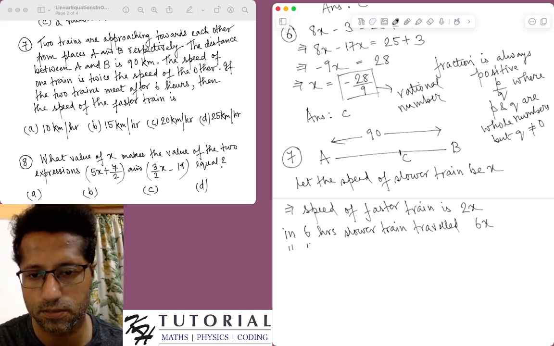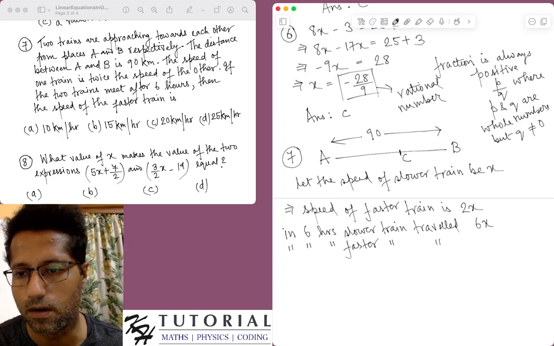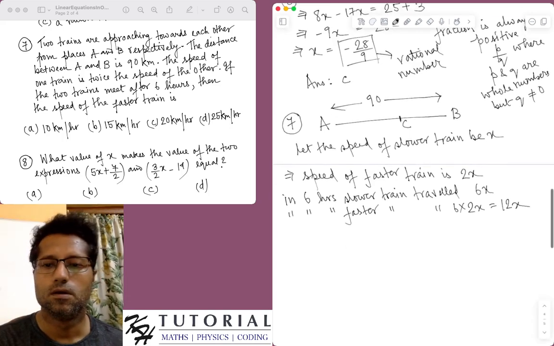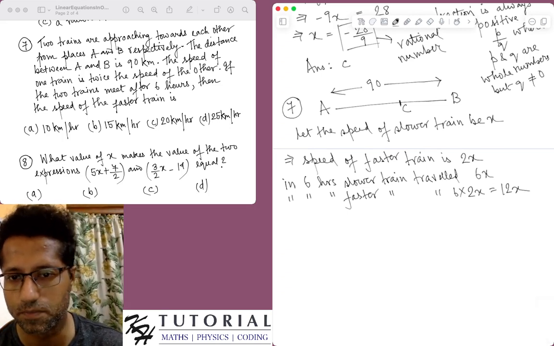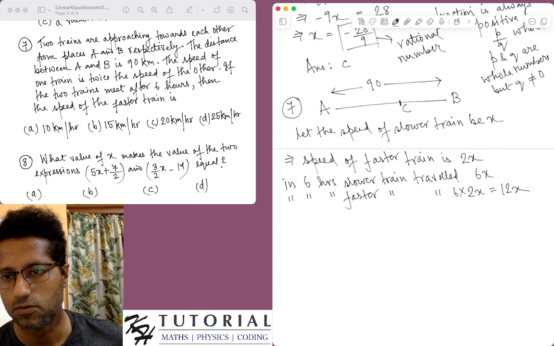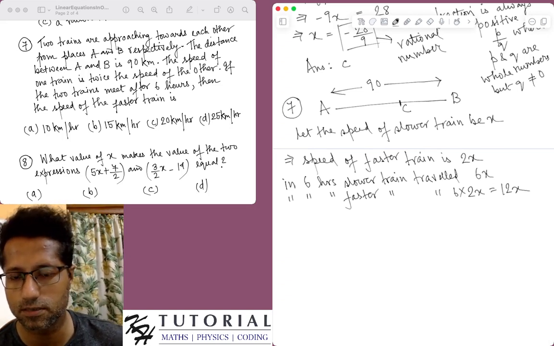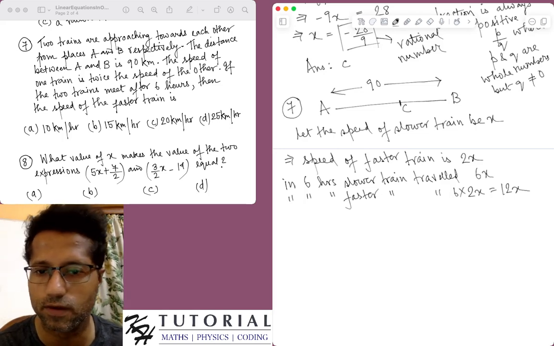Also in 6 hours, the faster train traveled 2x into 6, that is 12x. The speed of the slower train we have assumed to be x, so the speed of the faster train is 2x. So in 6 hours, the slower train will travel 6 into x, that is 6x, and in 6 hours the faster train will travel 2x into 6, that is 12x.